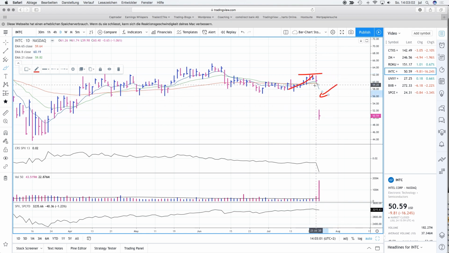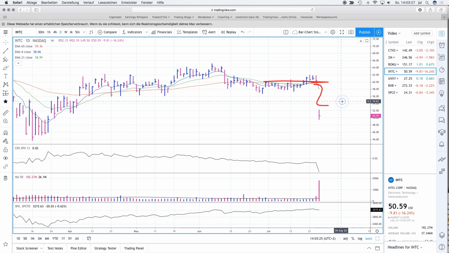And if you now add to your position before the earnings, because you thought, okay, the earnings report will be good, and the stock is sitting on a support level here, etc., then you extended your loss here. And this is a very, very big problem. So it is the same as removing your stop loss or extending your stop loss.